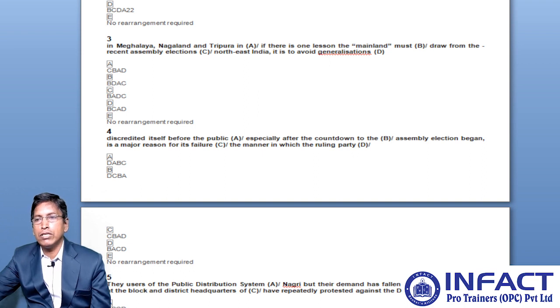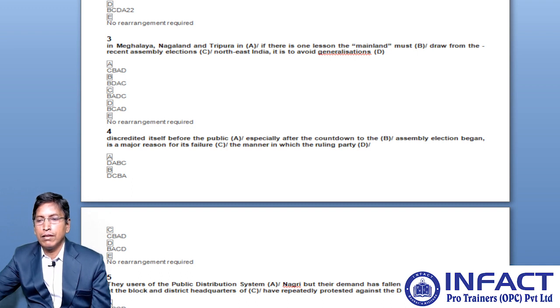B, if there is one lesson the mainland must draw from the recent assembly elections in Meghalaya, Nagaland and Tripura, Northeast India, it is to avoid generalization. So the correct sequence should be BCAD.